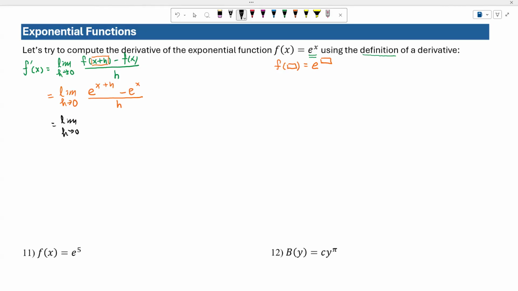And of course, we know that e to the x plus h basically is e to the x times e to the h. And now we have e to the x in both terms, so we could factor this.